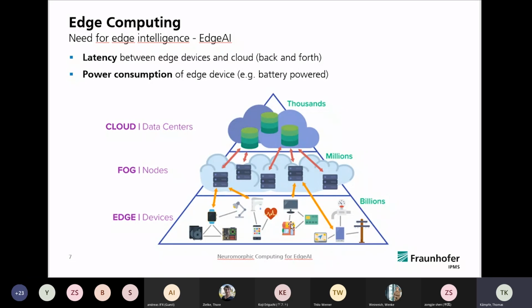We have a latency issue. The communication back and forth is just too slow for most real-time applications. And furthermore, the power consumption attributed to this is detrimental to them being battery powered.